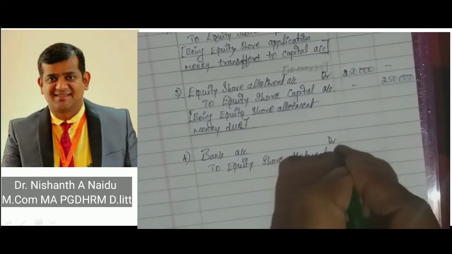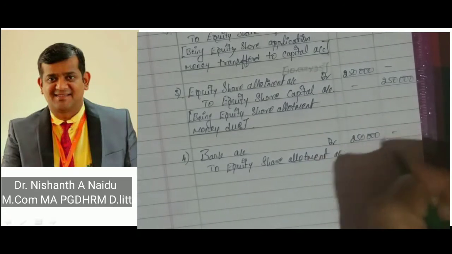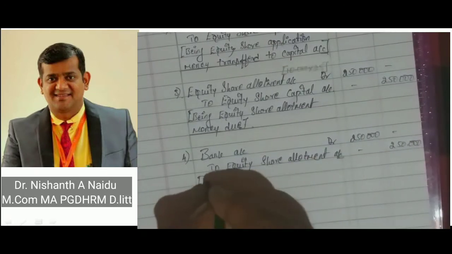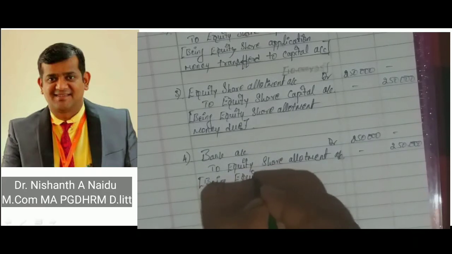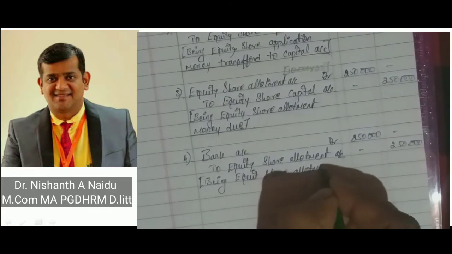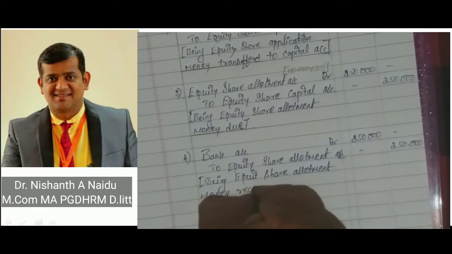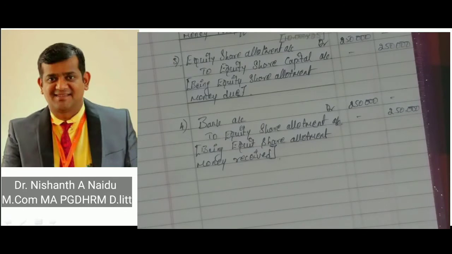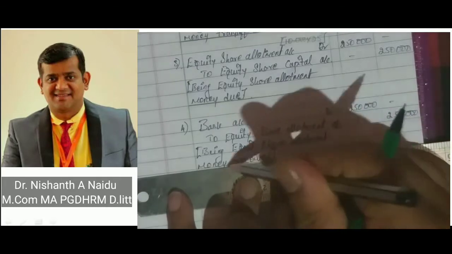So how much amount is 2,50,000, 2,50,000, being equity share allotment money received. Being equity share allotment money received. So I'm done with this entry. So I'm closing the table now.